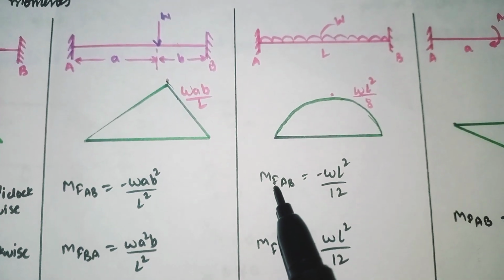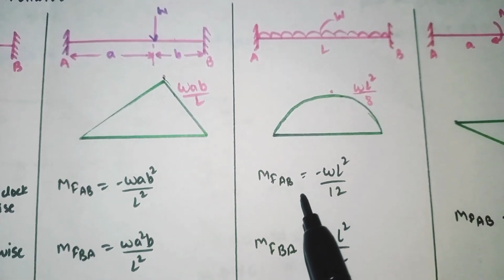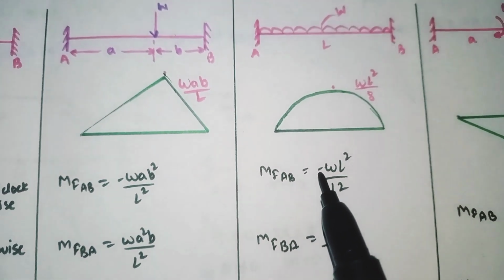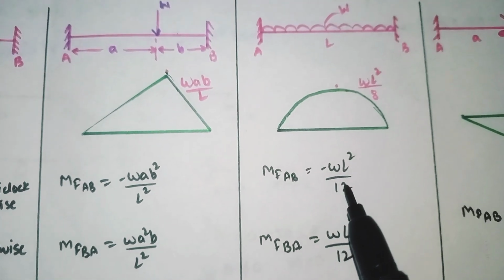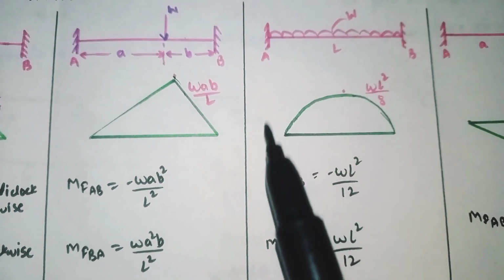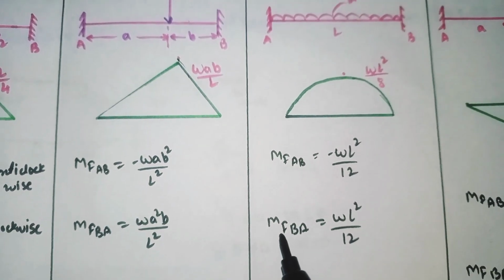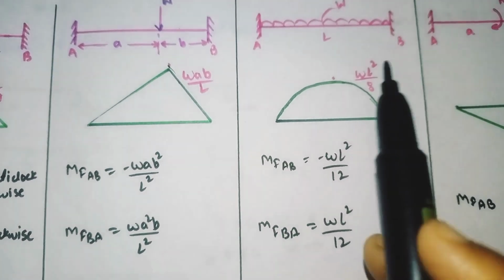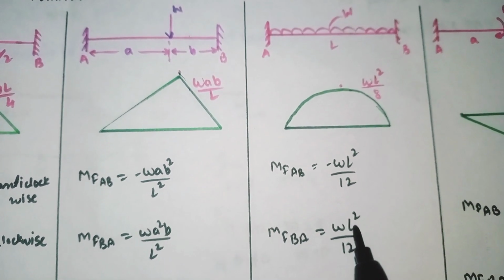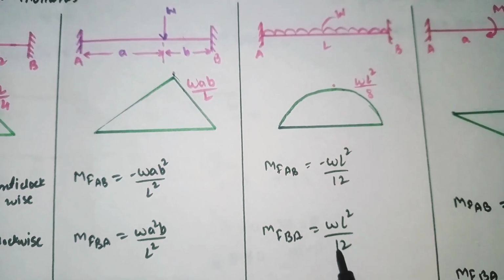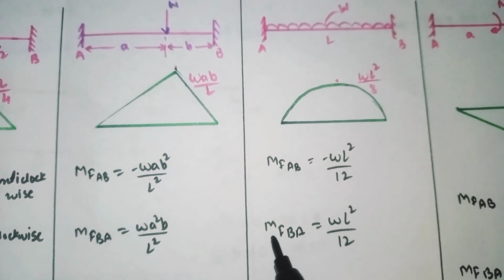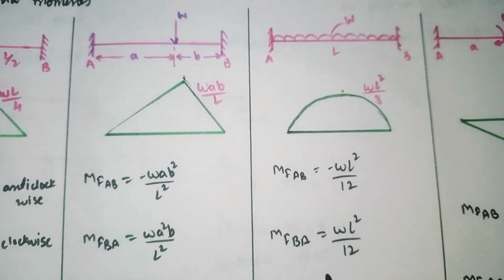And to find out the fixed end moment for AB, we need to apply the formula minus WL square divided by 12. Minus means it is moving anti-clockwise. So for finding the MFBA from B to A, we have the formula WL square divided by 12. By using this formula, we will calculate the fixed end moment for AB as well as BA.